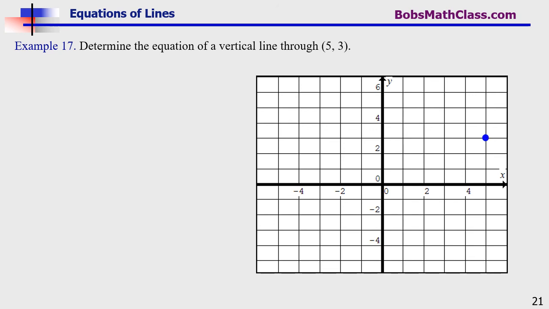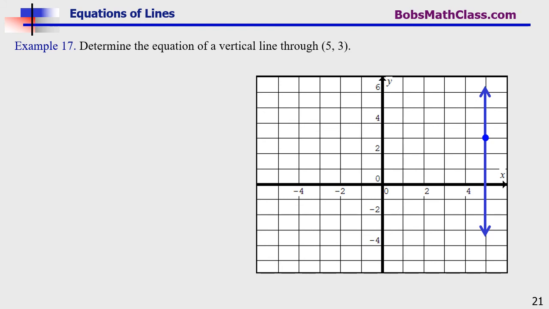About right there, right where the blue dot is. 5, 3. Over 5 and up 3. Now draw a vertical line. There we go. There's our vertical line. So what is the equation of that vertical line?